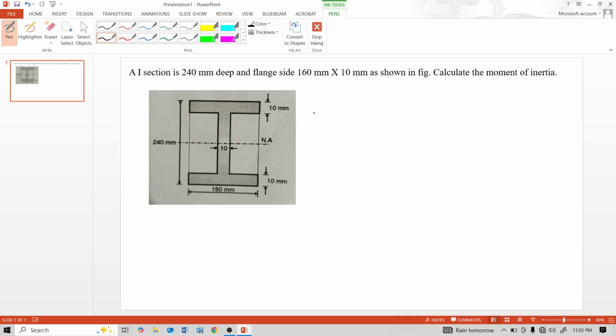For solving this problem, first see the centroidal axes. This dotted line is the neutral axis XX, and this straight vertical line is the neutral axis YY.